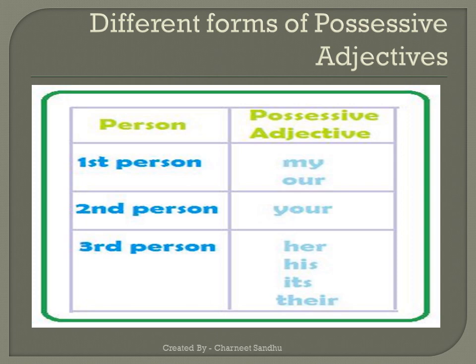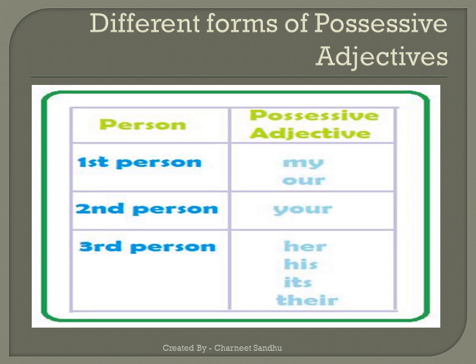Let us look at different forms of possessive adjectives. First person, my and our. The first person possessive adjectives my and our can be used for both male and female owners.